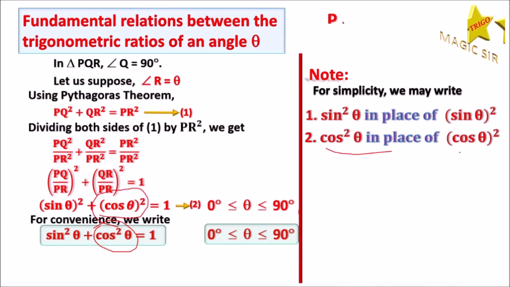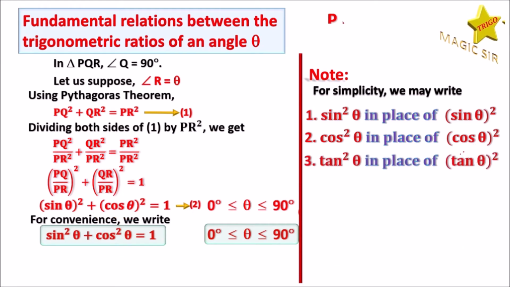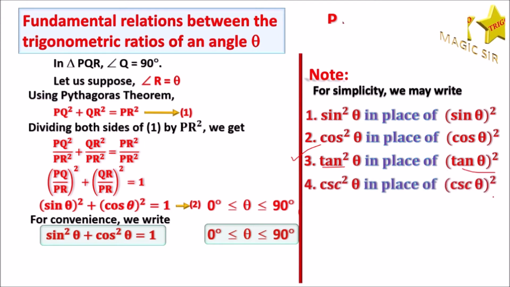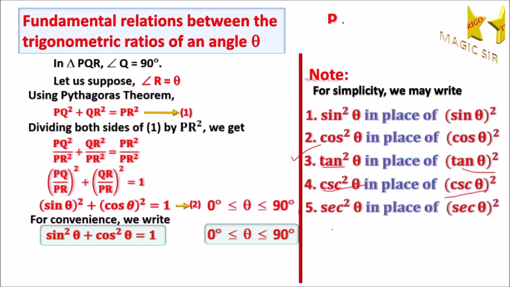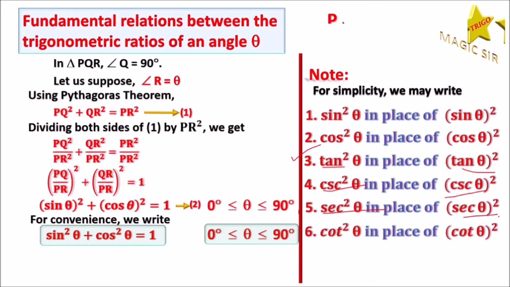Similarly, we can write tan square theta in place of (tan theta)^2, cosec square theta in place of (cosec theta)^2, fifth, sec square theta in place of (sec theta)^2, and last, cot square theta in place of (cot theta)^2. Remember this trigonometric identity very carefully.